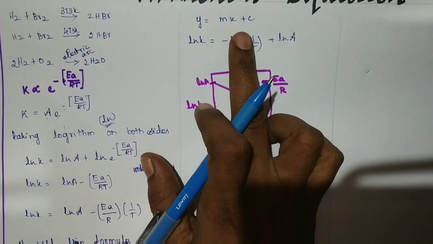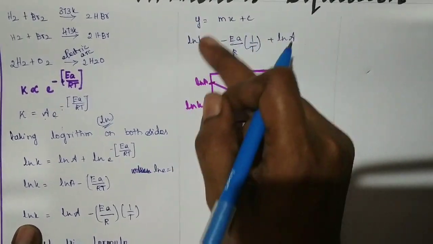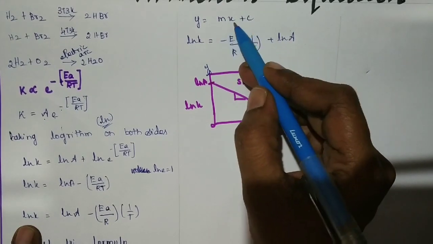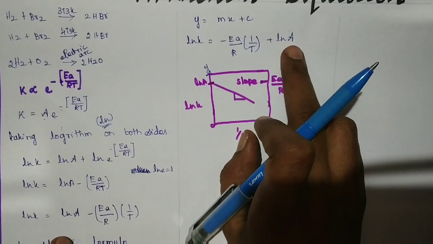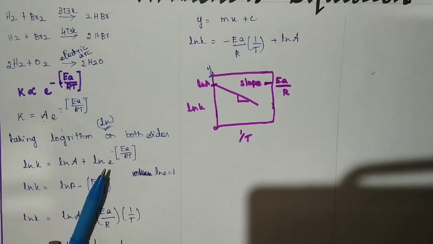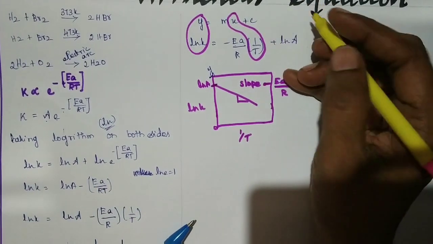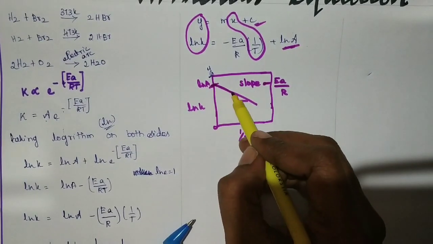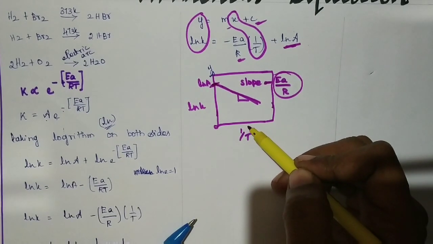So the y-axis is along ln k, the x-axis is along 1 by T, and the intercept c is ln A. We get a negative slope, that is m is equal to minus Ea by R.